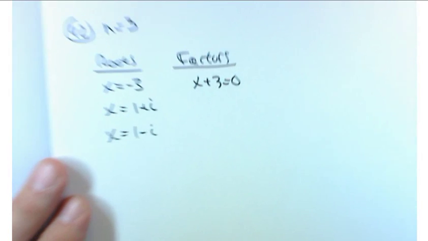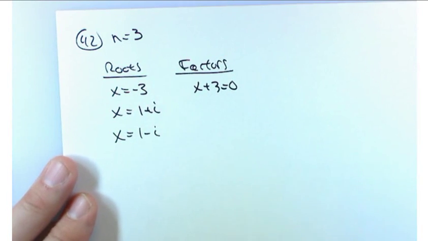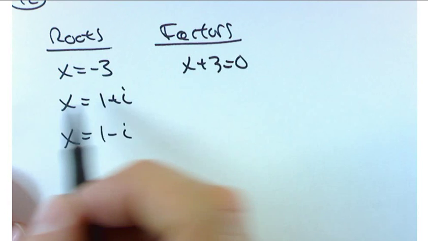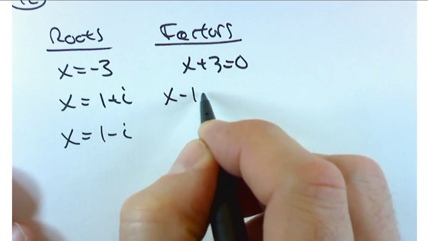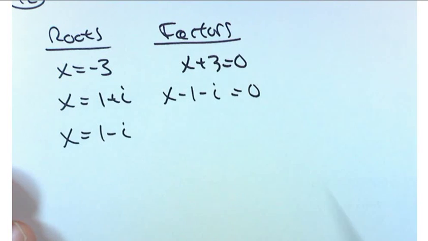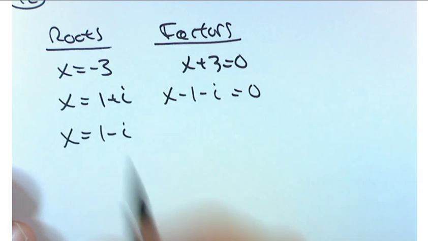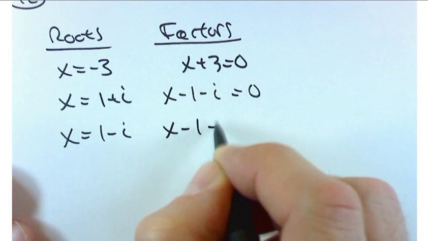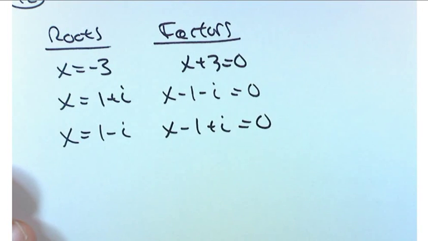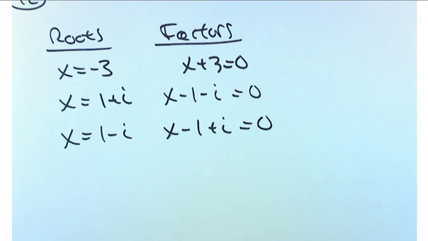And the second one's a little bit more complicated. But just carefully move these terms to the left-hand side. That's going to be x minus 1 minus i equals 0. And likewise, if I move this to the left-hand side, I'll get x minus 1 plus i equals 0. So there's your corresponding factors.